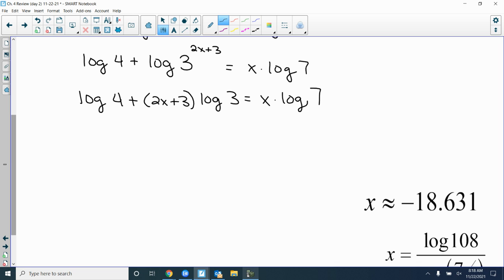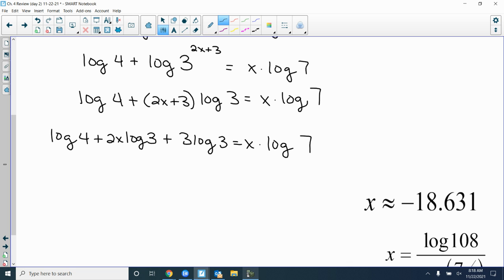Now I put that in parentheses to remind me I've got to distribute that log of 3. So now I have log of 4 plus 2x log of 3 plus 3 log of 3 equals x times log of 7.